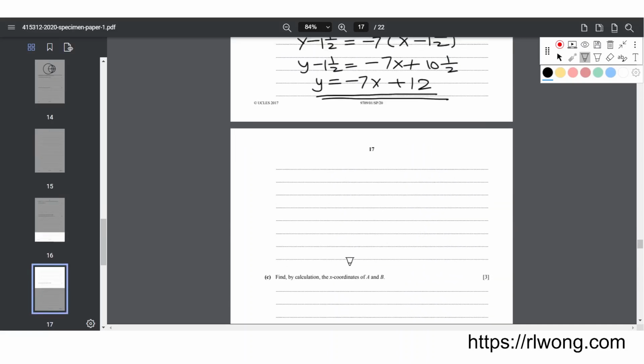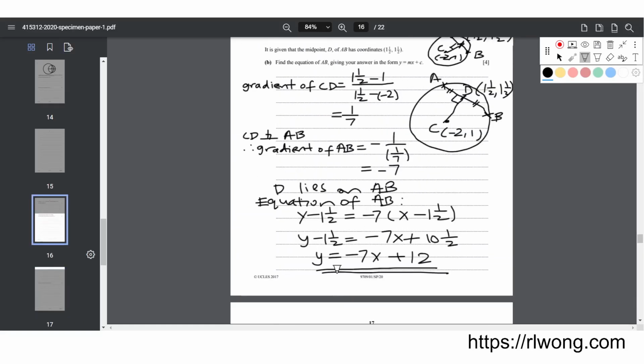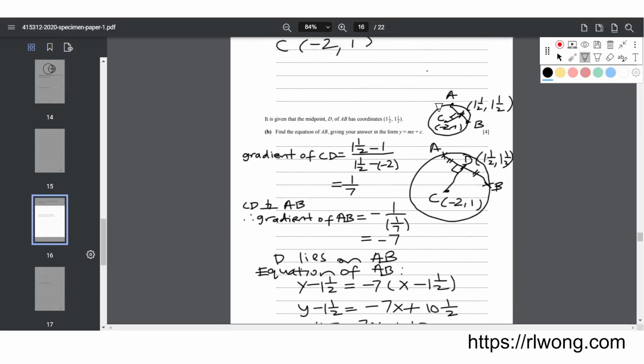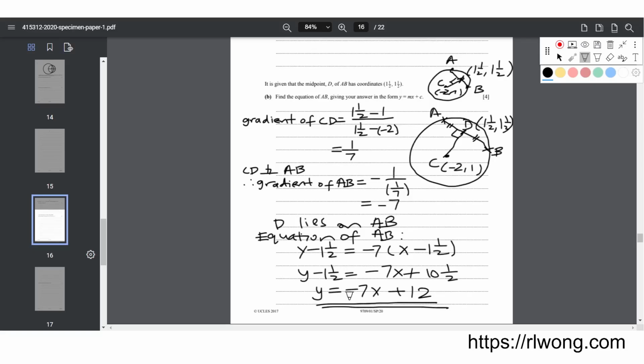Okay, next you're asked to find by calculation the x coordinates of A and B. So I know that this is the equation of the curve, and this is the equation of the line AB. So how do you find the points A and B? If you look closely, points A and B are the points of intersection between the line AB and the circle.